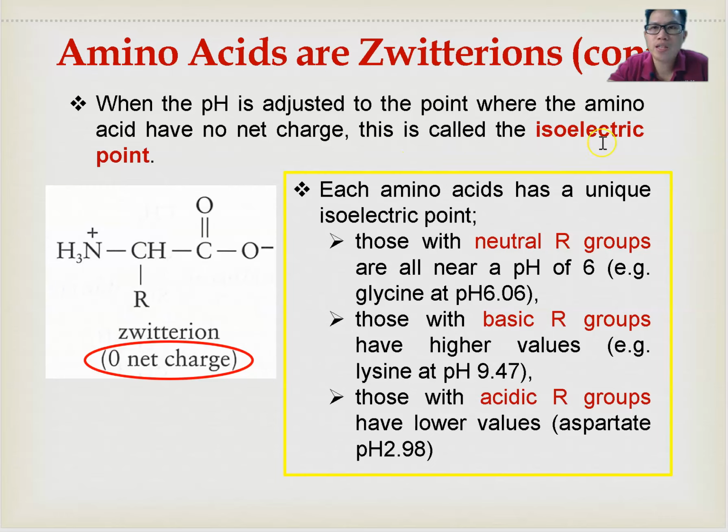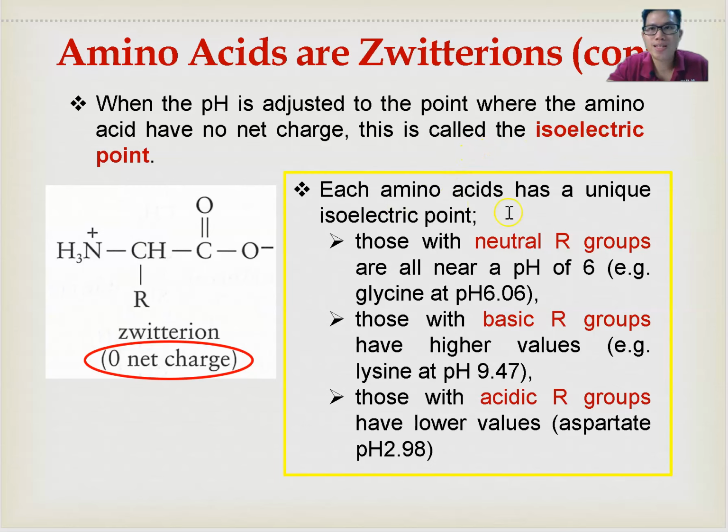This is what we call the isoelectric point. The isoelectric point can have an effect on the overall system, because like what I explained in the previous lecture, when there's no net charge, the emulsion droplets can no longer repel, so they start to stick to each other and lead to coalescence or flocculation.